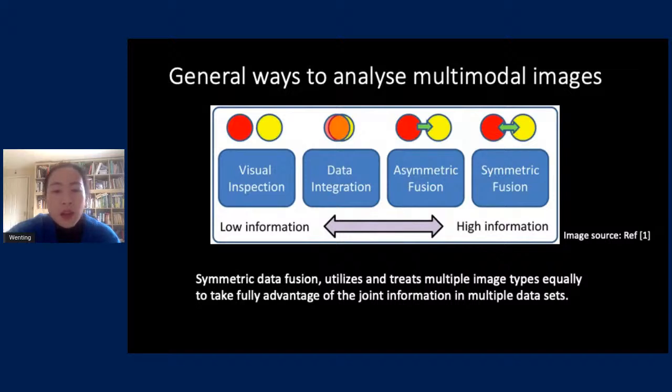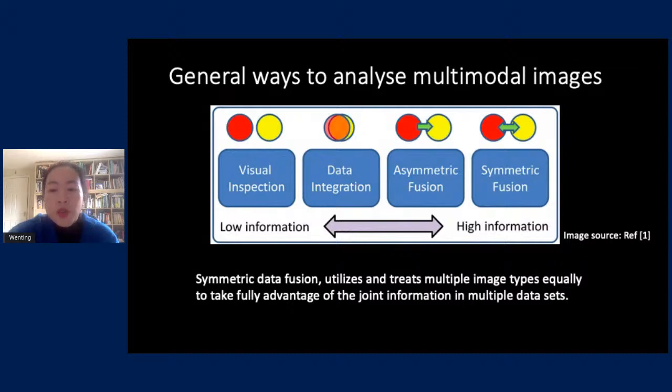Finally, we have the most recent fusion strategy, symmetric data fusion. This is the approach we focus on in our research. It utilizes and treats multiple image types equally, and we take full advantage of joint information in multiple datasets.